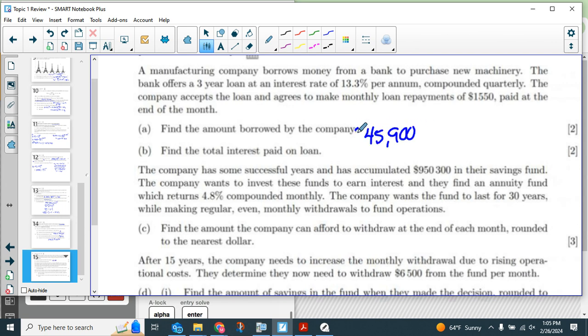Again, if you want a chance at partial credit, you need to write down all of the things that you plugged into each part. So we don't put the cent amount in the decimal? Well, if you put the exact answer, they would take it.